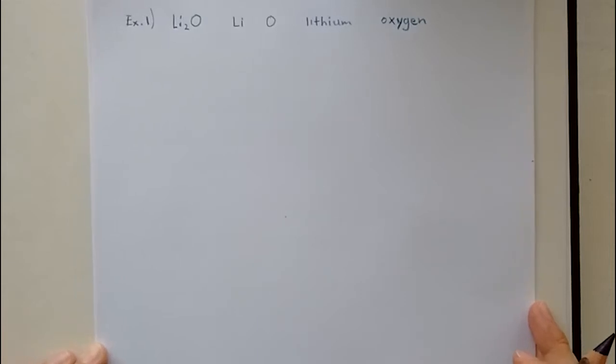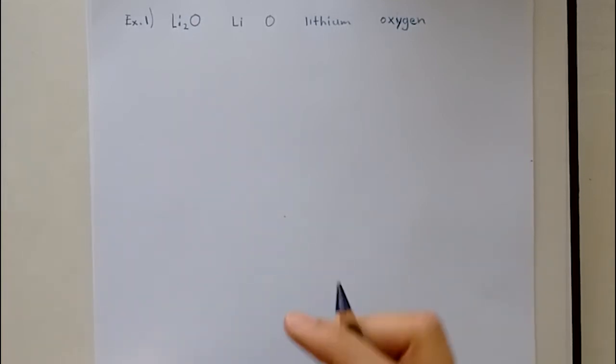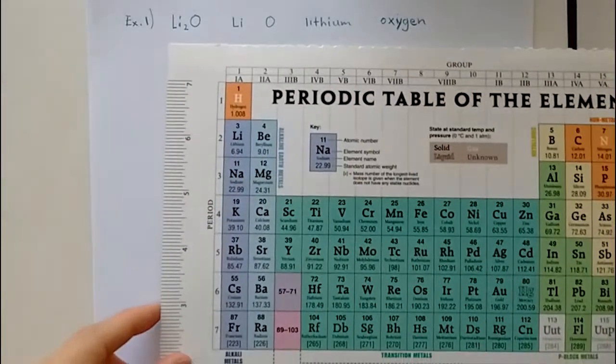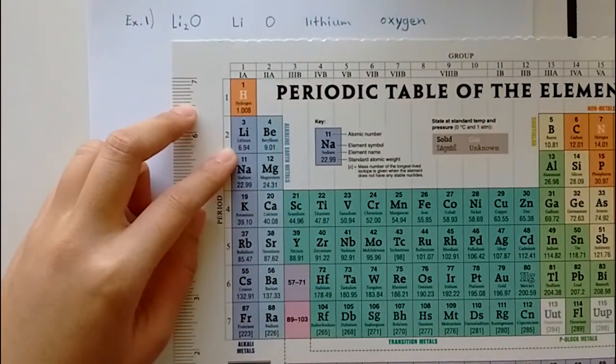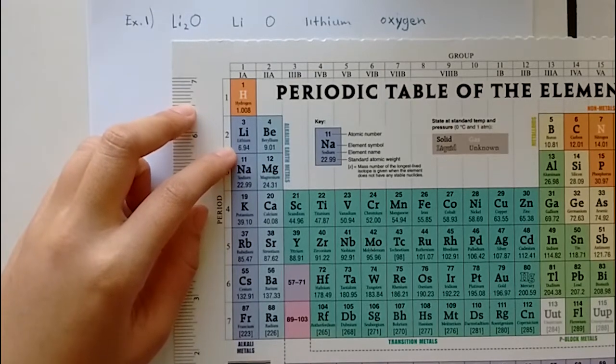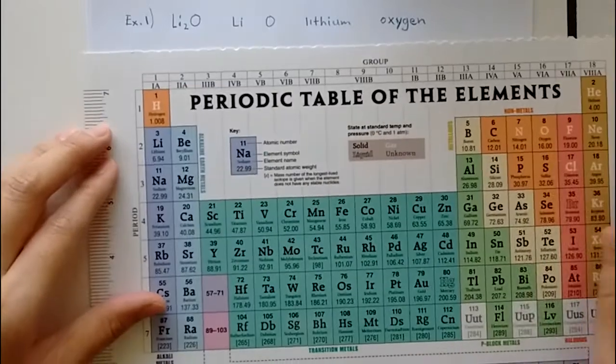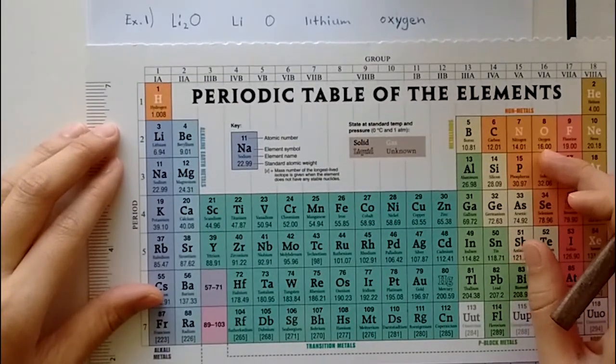All right, so then the next step is to identify which type of elements lithium and oxygen are. Once again, looking at the periodic table, we see that lithium is a main group metal. And we see that oxygen is a nonmetal.